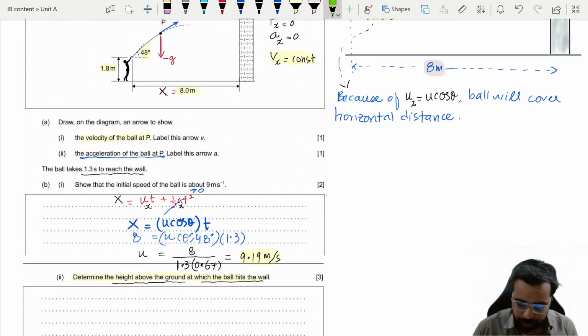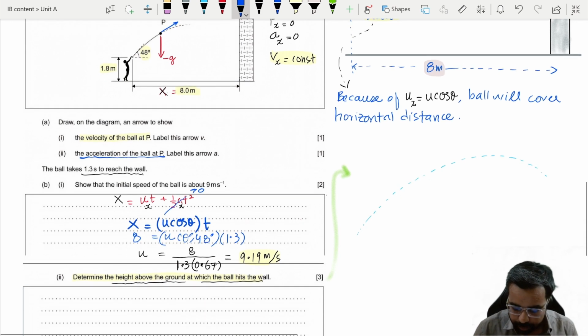To explain more clearly, we will consider the initial and final position, right? So this is the path of the ball, the trajectory of the ball, right? What is its initial position? That is 1.8 meter. Now this is the initial position of the ball.